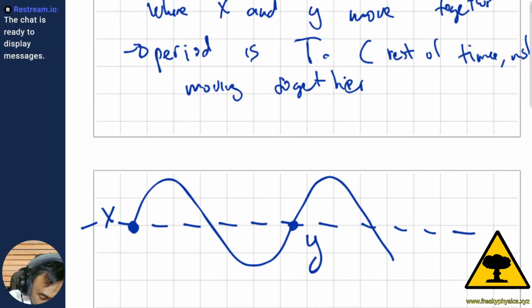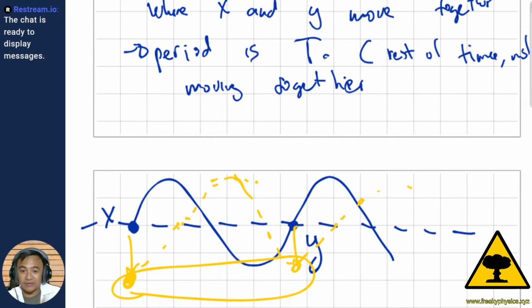Now X is here, going this way, and Y is also here. Because these two are still moving together, their phase difference is 360 degrees, but again, we can consider that to be 0 degrees.